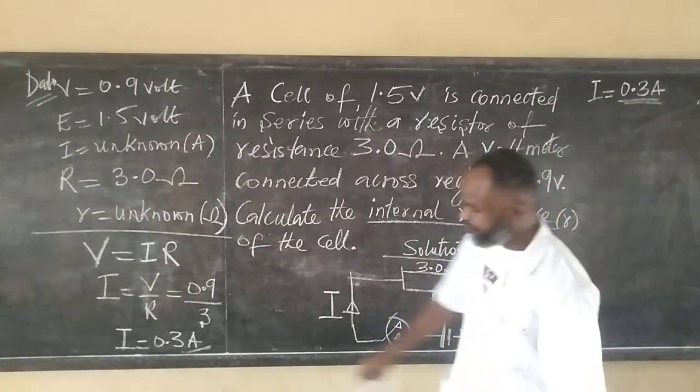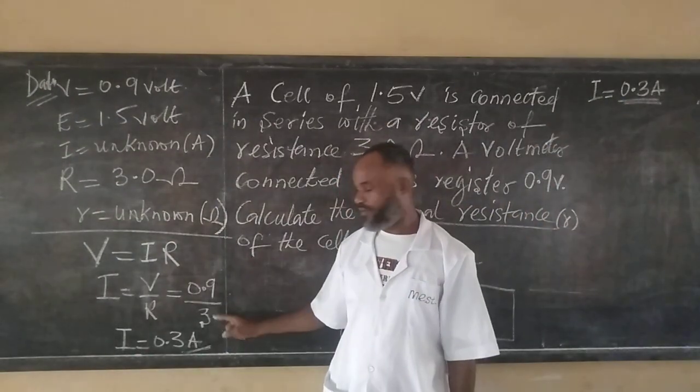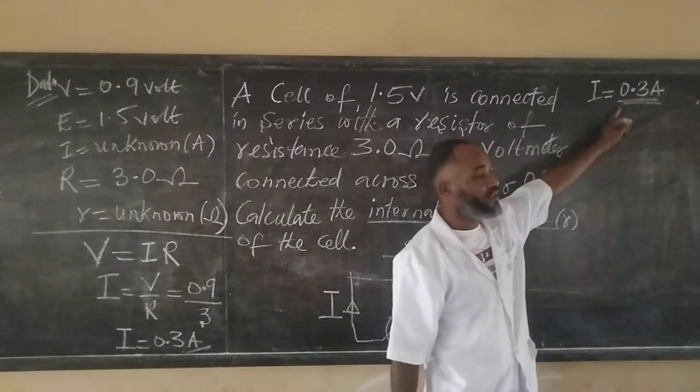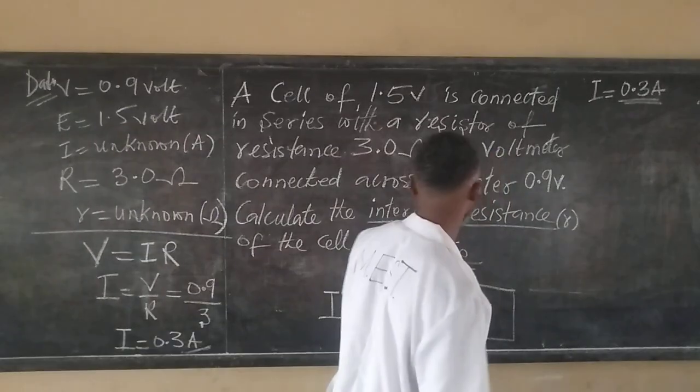Check very well: 0.9 divided by 3 gives 0.3 amps. So we now know the current flowing.